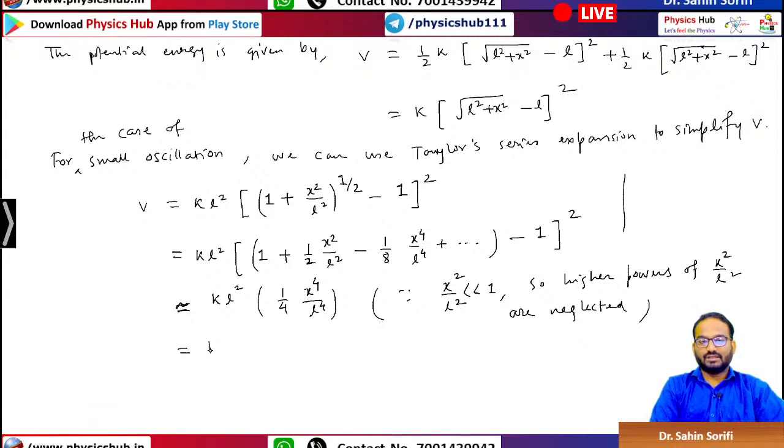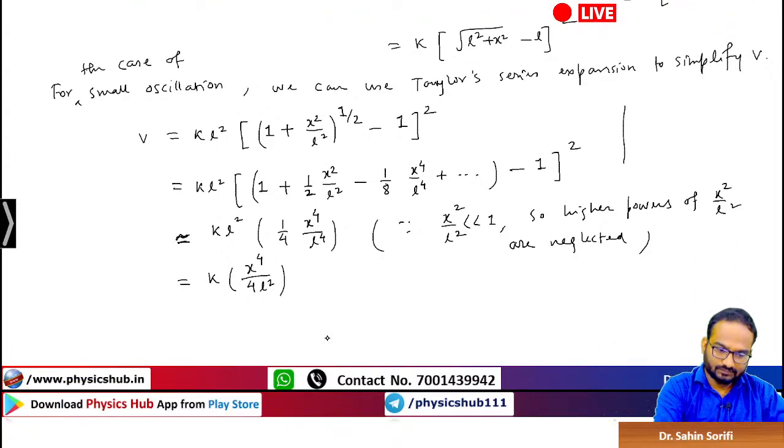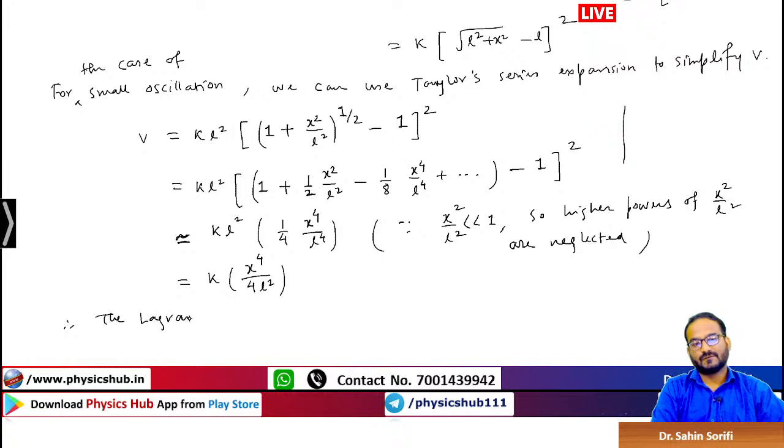What you are getting is k times x to the power 4 divided by 4 L square. Therefore, we can write the Lagrangian of the system.